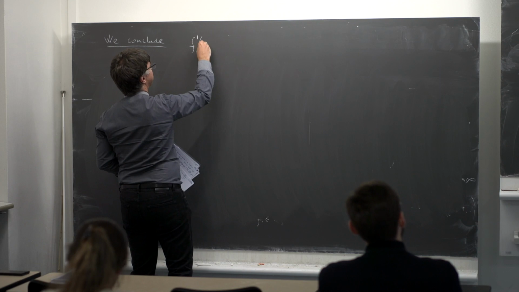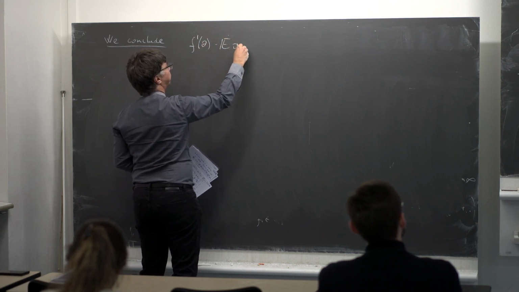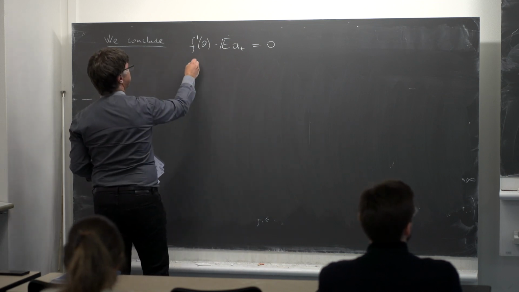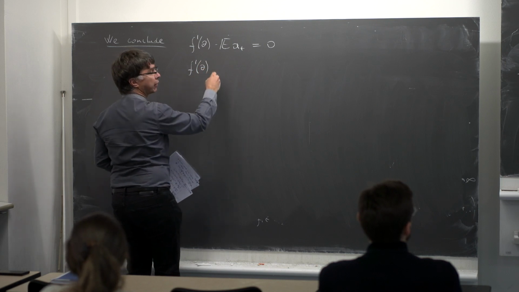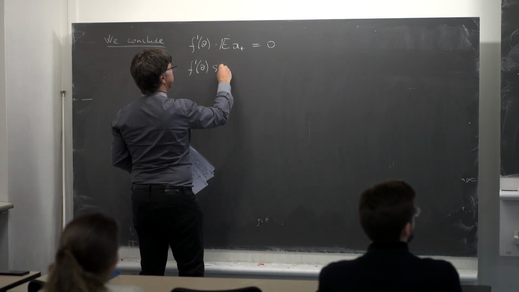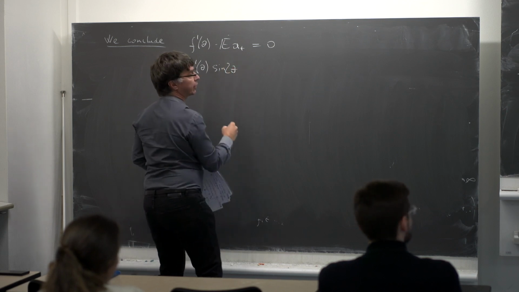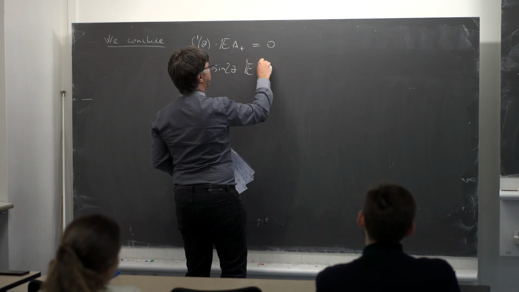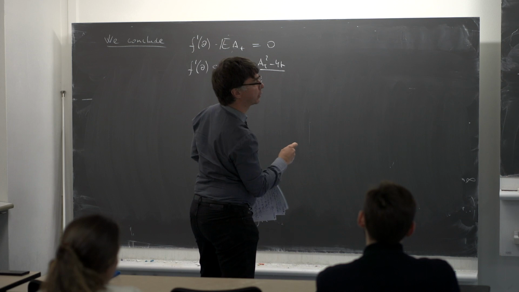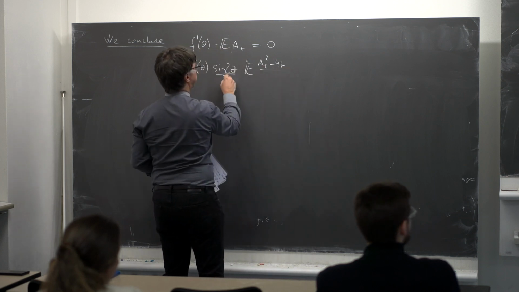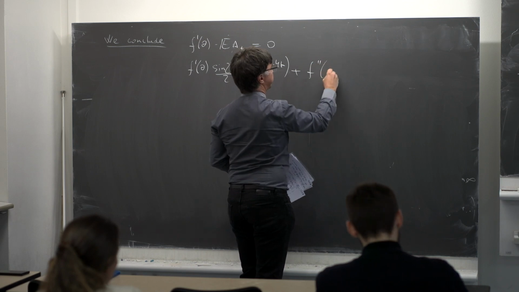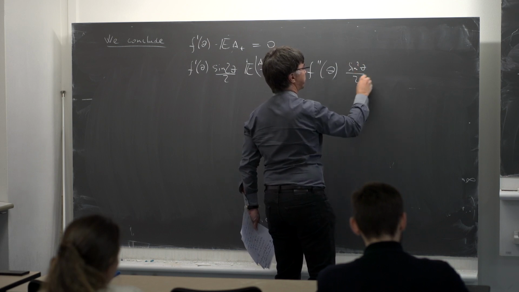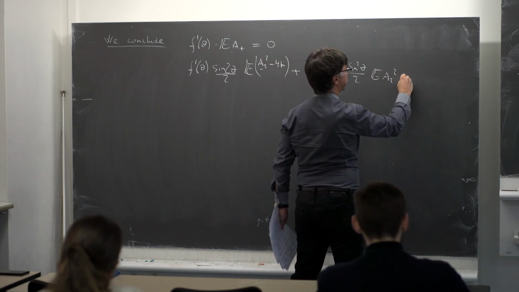So for example, f prime of theta times the expectation of AT is equal to 0. And for the second one, we do the same thing for expectation. We get f prime of theta, what was there? Sine twice theta, expectation of AT squared minus 4t over 2, plus f prime prime theta, second derivative, sine squared theta over 2, expectation of AT squared is equal to 0.